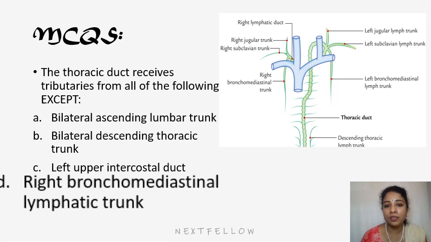So we can see here right bronchomediastinal trunk joins with the right subclavian and right jugular trunks to form right lymphatic duct. So the rest of the things are all tributaries of the thoracic duct: ascending lumbar trunk, descending thoracic trunk, and left upper intercostal ducts.